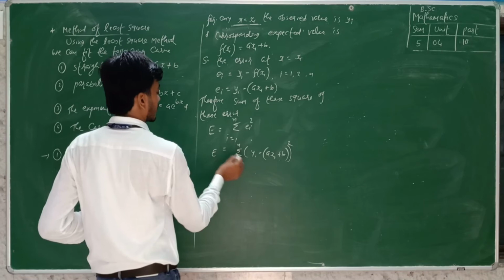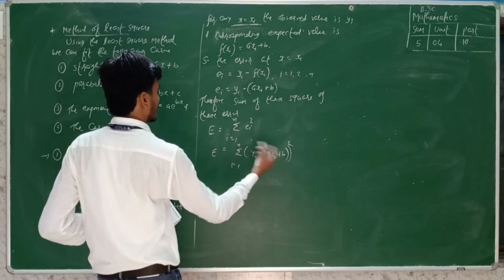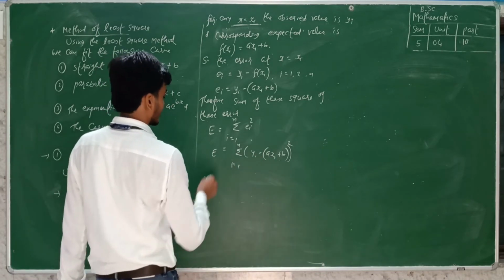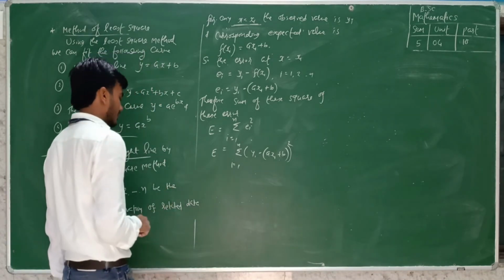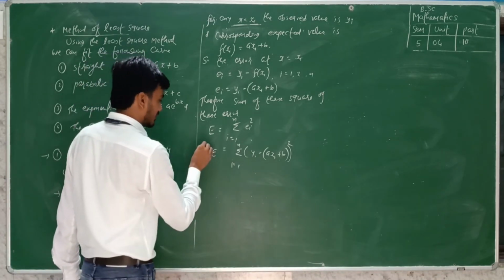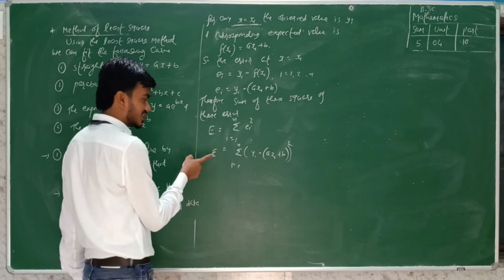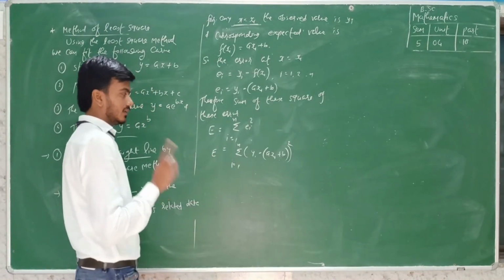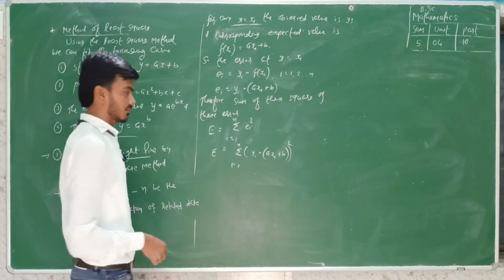So, E is equal to the sum over i equal to 1 to n for n sets of observation data. Whenever E is minimum or 0, we can get a best fit curve.